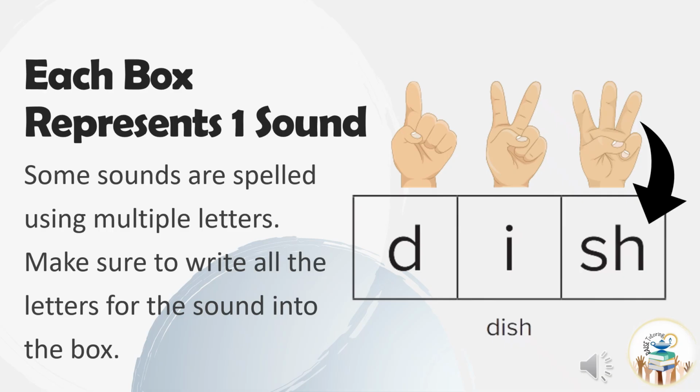And in all 3 of those scenarios, each of those groups of letters would go into one box because they are representing one sound. In the example on your screen, you can see that there are 3 sounds in the word dish. D, ish. The final sound, sh, is one sound represented by 2 letters. Those 2 letters go into a single box.